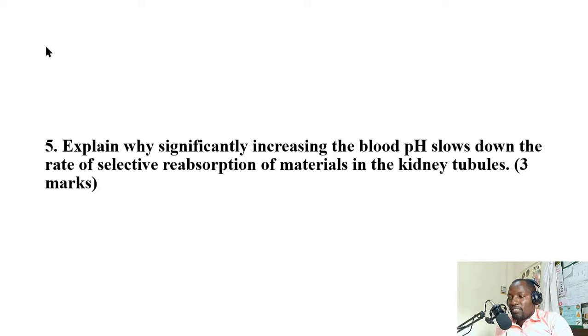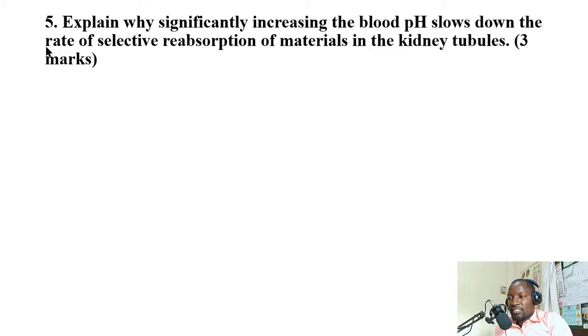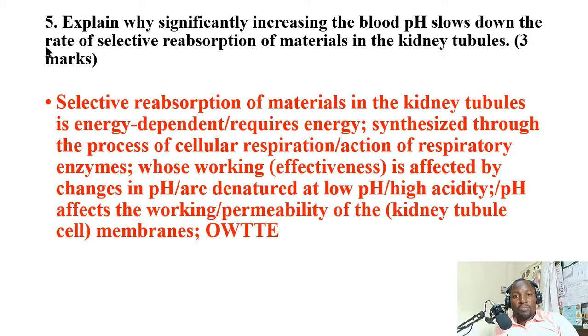Explain why increasing the blood pH slows down the rate of selective reabsorption of materials in the kidney tubules. This is because selective reabsorption in the kidney tubules is energy dependent and requires a lot of energy, synthesized through cellular respiration.